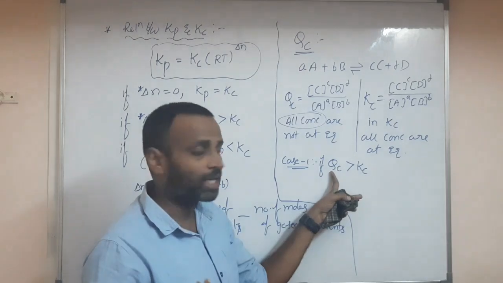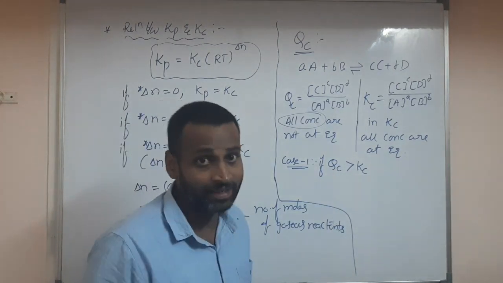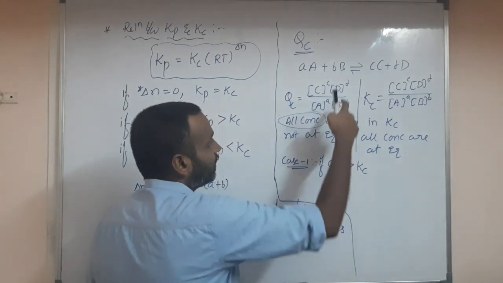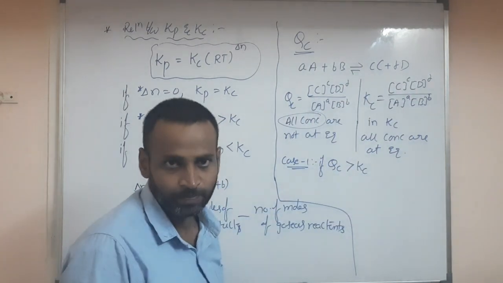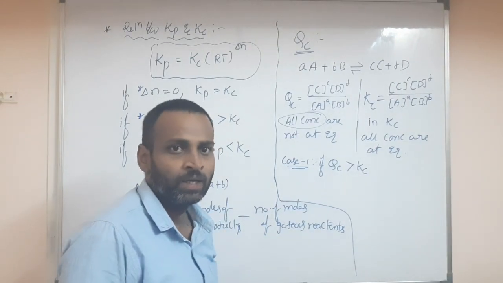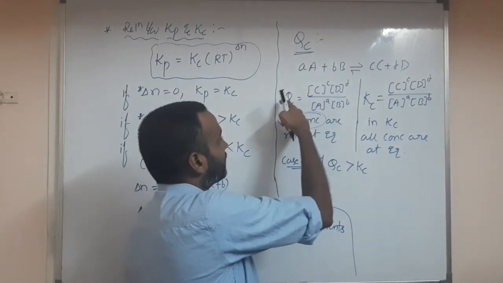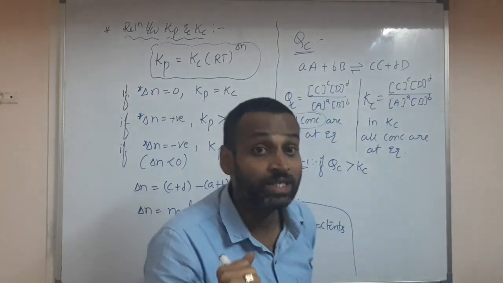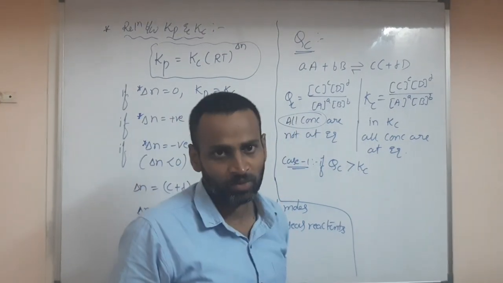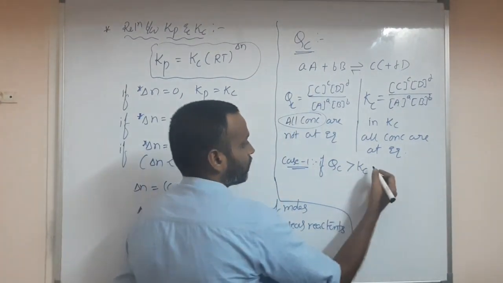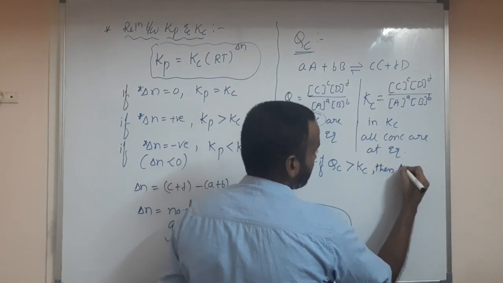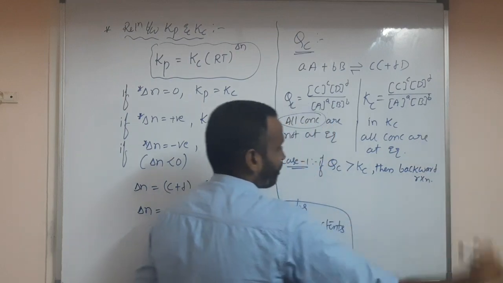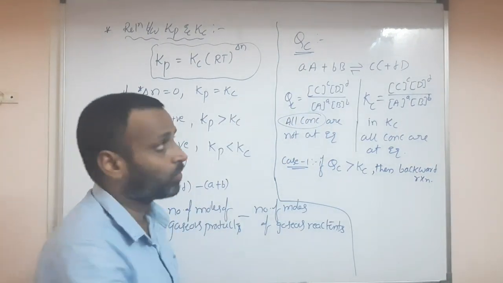You came to know that Qc is greater than Kc. When can Qc be greater? Product concentrations are more. The numerator should be more, then only Qc can be greater than Kc. If product concentrations are more, then the backward reaction takes place. Why?